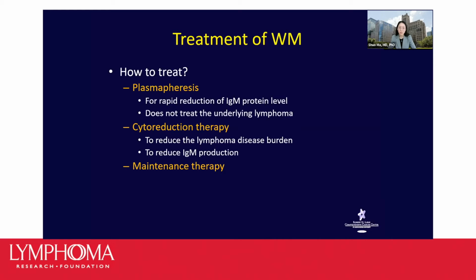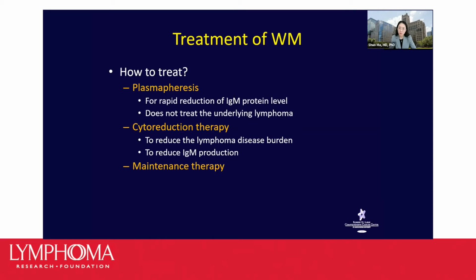This is a procedure where we insert a large catheter into the vein, and the blood flows through an apheresis machine and is then returned to the patient's body. During the process of flowing through the machine, the large IgM proteins are extracted out. Doing this will help to rapidly reduce the amount of IgM protein in the blood.